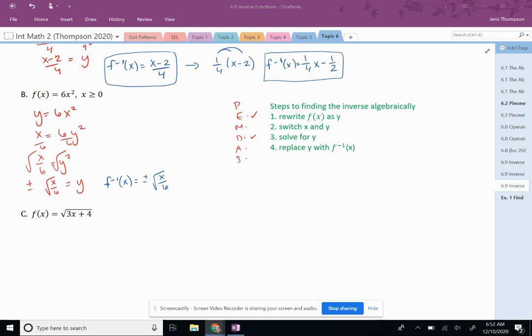So what you'll see on the graph now is I've got the top portion and the bottom portion, and this parabola looking thing over here that's opening to the right is actually the positive or negative square root of x divided by 6. So when I end up restricting my domain here, I get just this red function. Let me make that bolder.